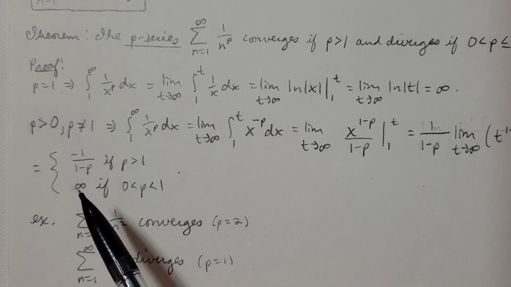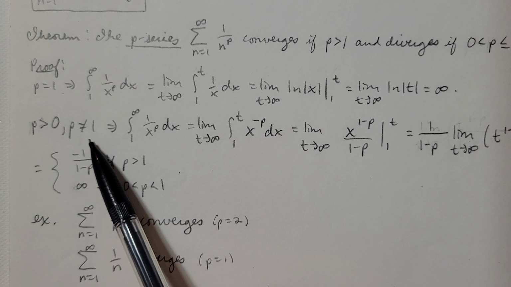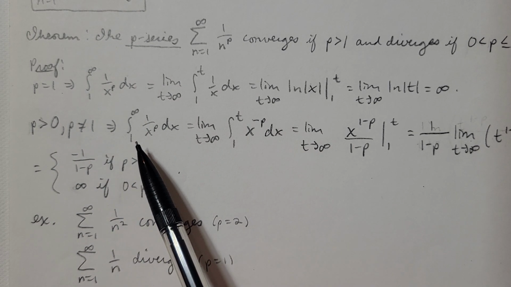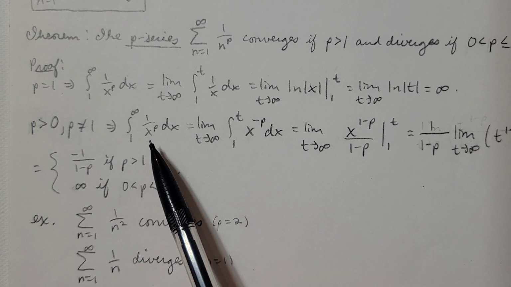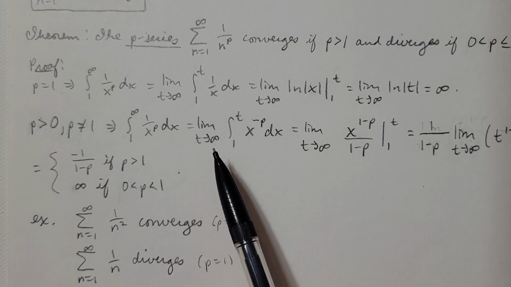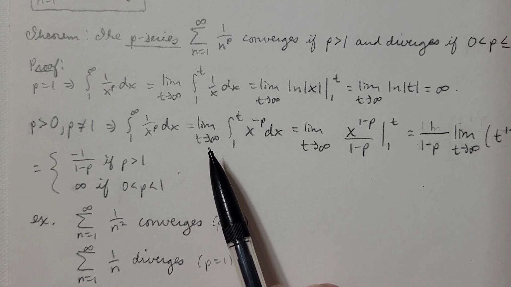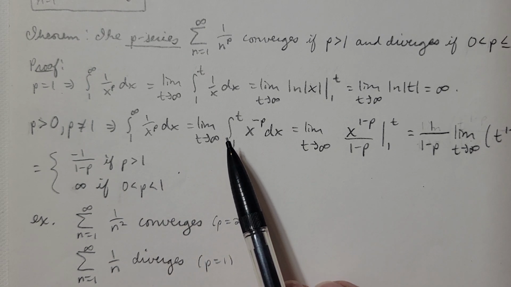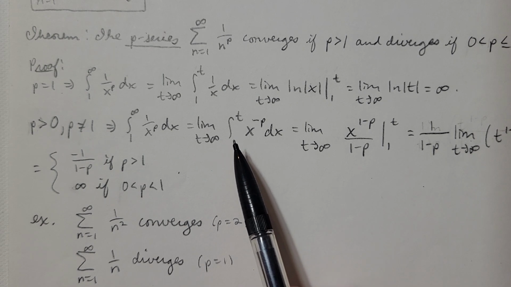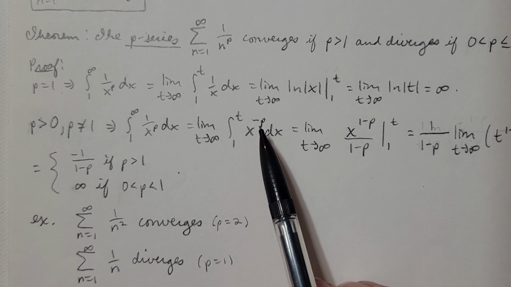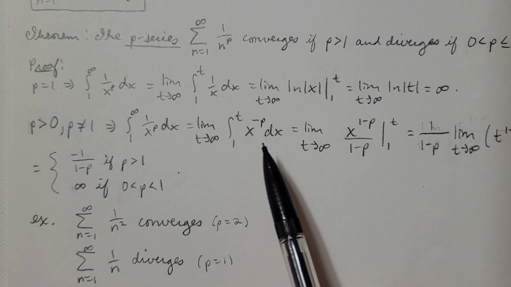So now, what if p is a positive number but p is not equal to 1? Then the integral going from 1 to infinity of 1 over x to the p dx is equal to the limit as t approaches infinity of the integral going from 1 to t of x to the negative p dx.